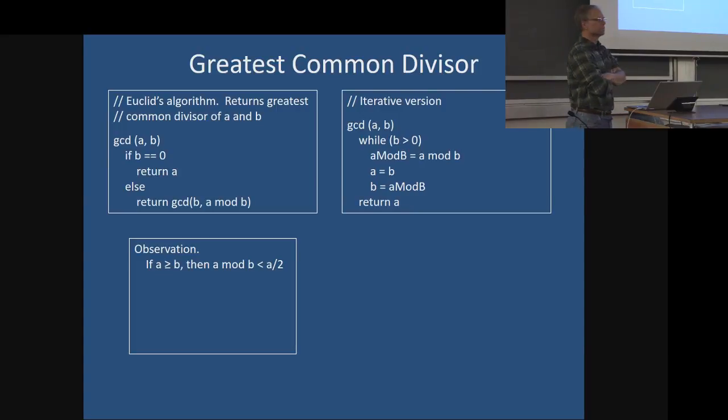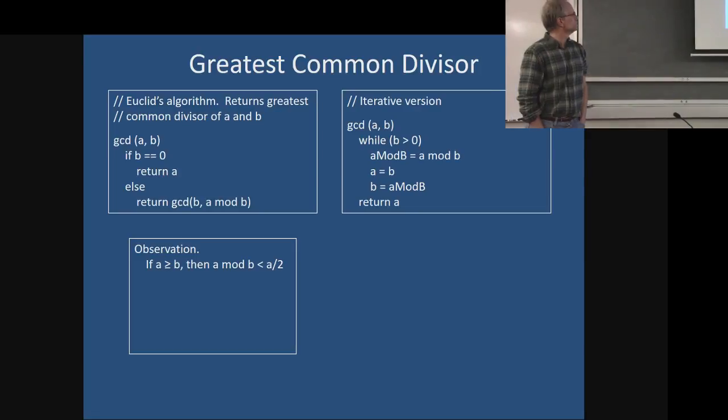Shouldn't it be less than B minus 1? Oh, because you stack two of them together in the worst case. So we're saying the modulus A mod B is less than half of A. Yeah? When you mod it, you're getting the remainder.